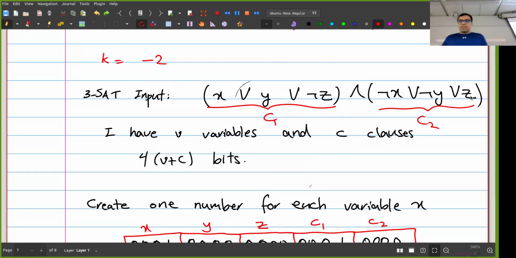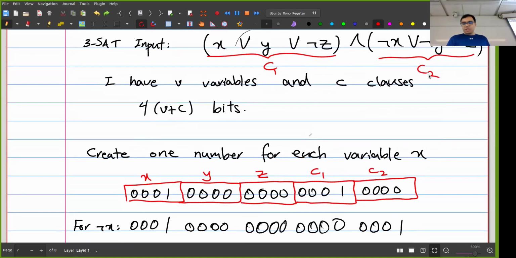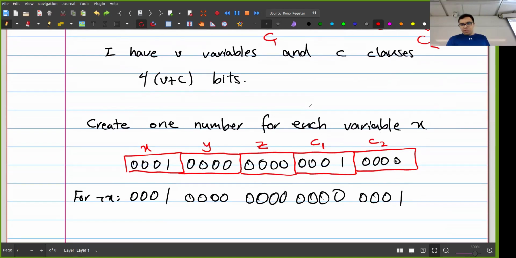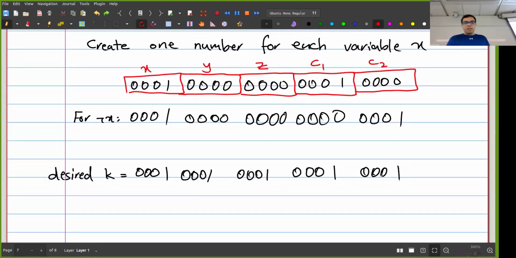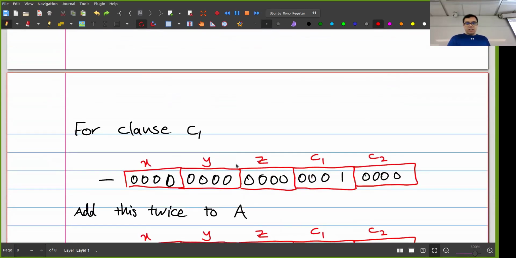In this case, in my subset sum instance, that's like taking the number corresponding to negation of y and the number corresponding to z and adding them together, but they both have a 1 in the position for C2. So if I add them together, I will get a 2 here. I will get 0, 0, 1, 0, right? But I want to get a 1 here. So our solution for that was that for every clause, we also introduced some numbers, but these were negative numbers.